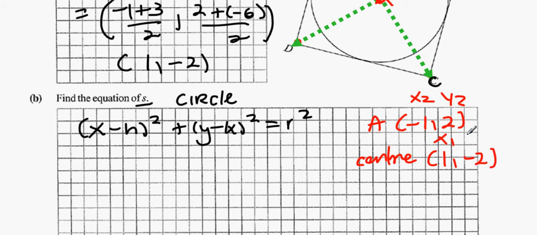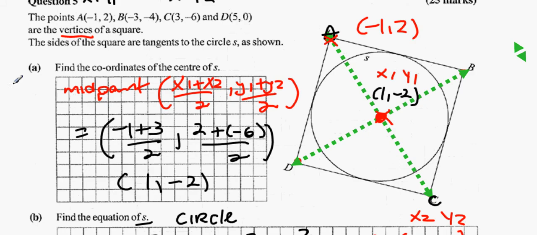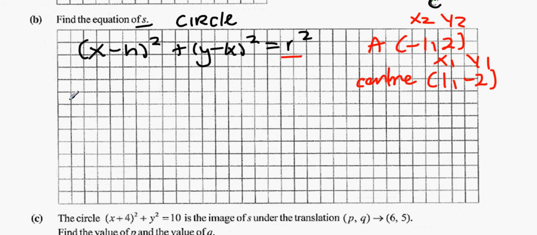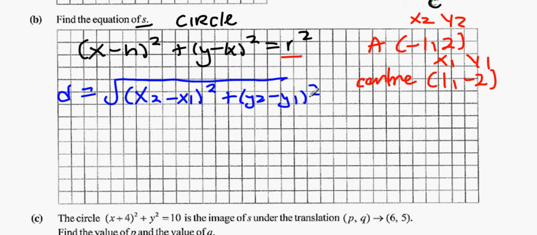Now the radius is a distance, so we're going to find out how long the radius is by using the distance formula. Once again, it's in your notes. The distance between 2 points is the square root of (x2 minus x1) squared plus (y2 minus y1) squared. So what we're going to get here is (minus 1 minus 1) squared plus (y2, which is 2 minus minus 2) squared.